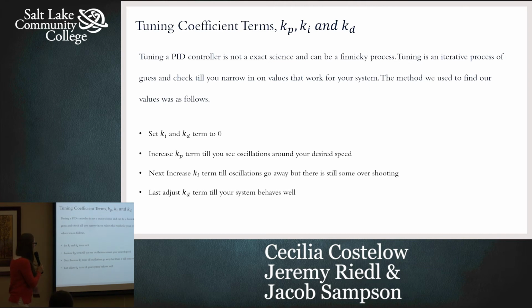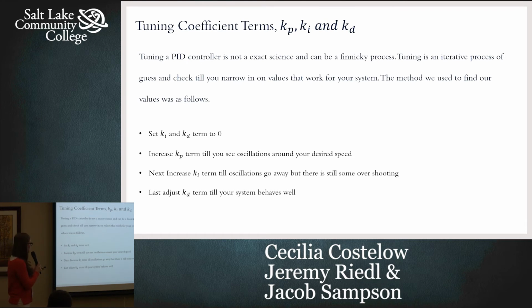So one of the not as sciencey parts, if I can say that, of working with PIDs is that coming up with the values for your coefficients is not really an exact science, but there are guidelines that people use. One thing we can do is initially set the Ki and the Kd terms, the coefficients for the integral and the derivative portions, to 0, and start working with the proportional term.